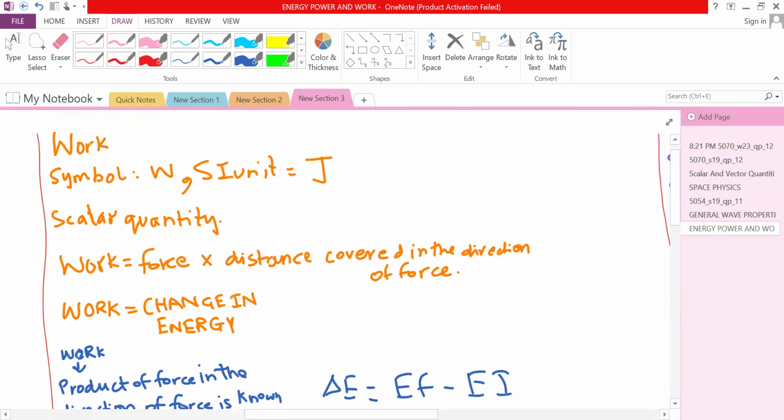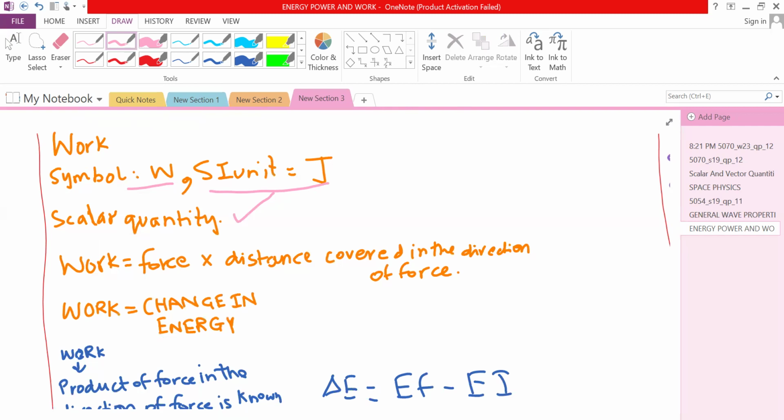Then what is work? The symbol of work is W. The SI unit is joules again, and work is also a scalar quantity. The formula of work is work equals force into distance covered in the direction of force. You have to remember that distance covered in the direction of force is used in this formula.